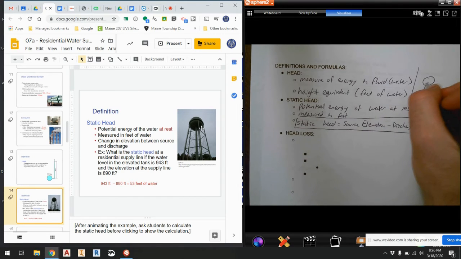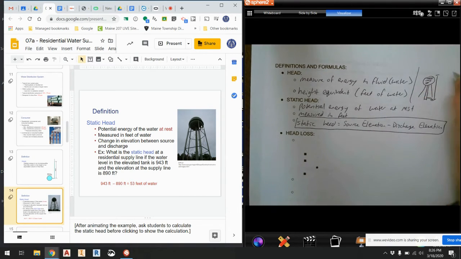All right, so this is all full of water. And so that is the height. So this is the source elevation. This is the discharge elevation. And so that is the static head.